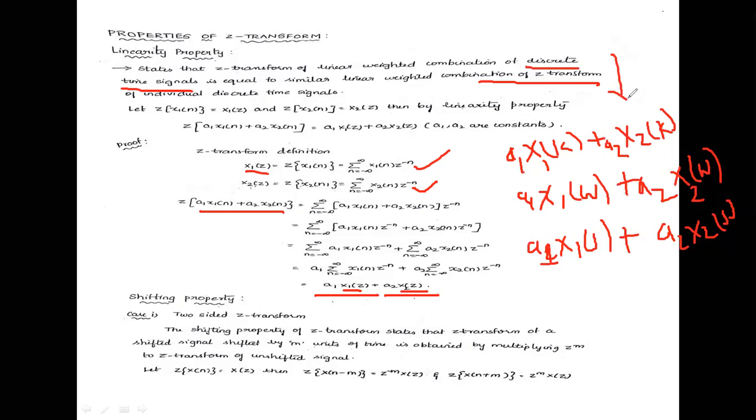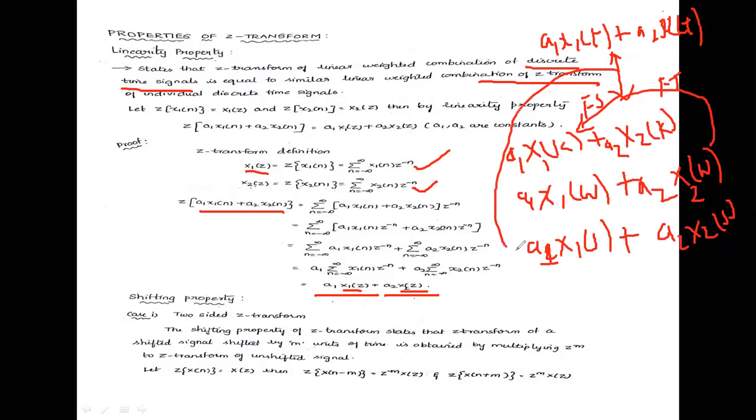These are what we get for continuous time signals a1 x1 of t plus a2 x2 of t. This is for Fourier series, this is for Fourier transform, and this is for Laplace transform for continuous time signals.